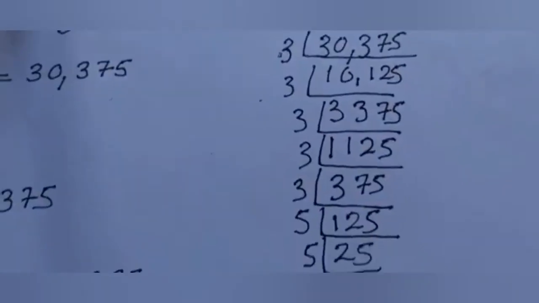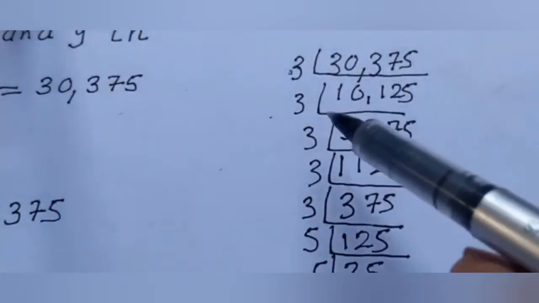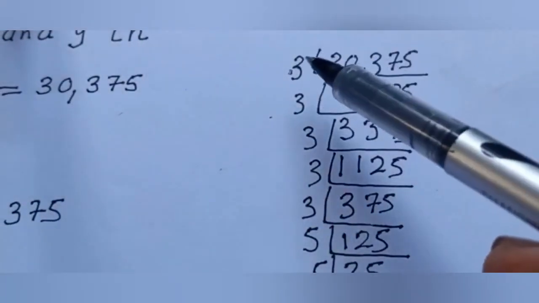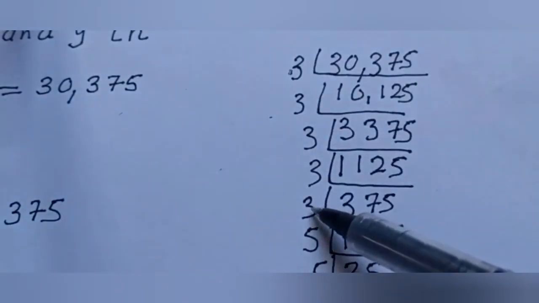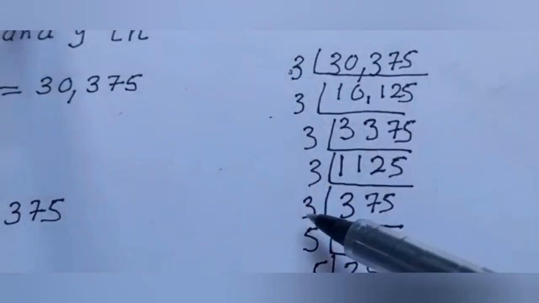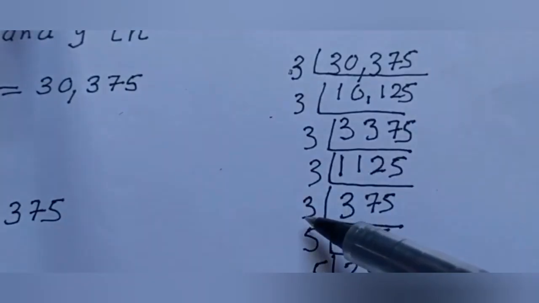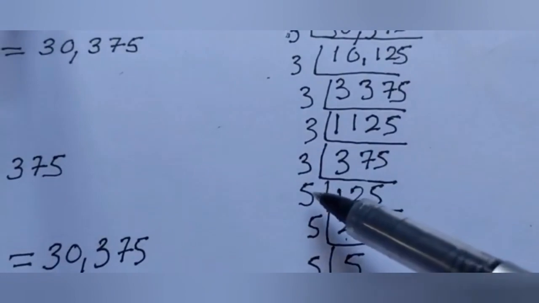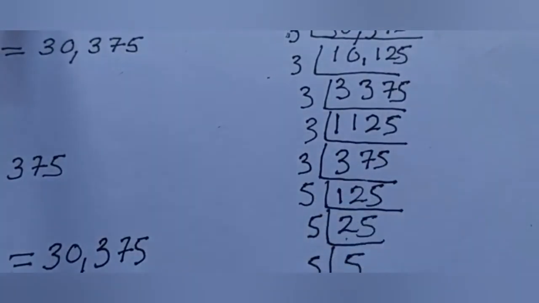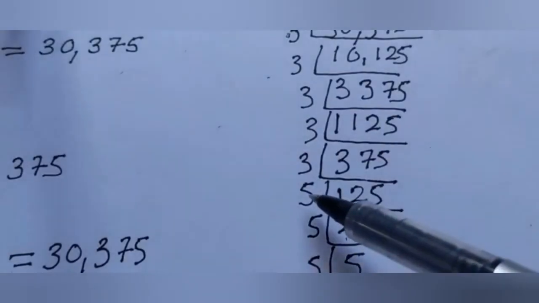As you can see here, we have 1, 2, 3, 4, 5. So here we can write 3 power 5. Here we have 1, 2, 3. We can write 5 power 3.